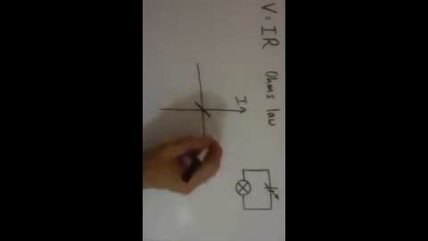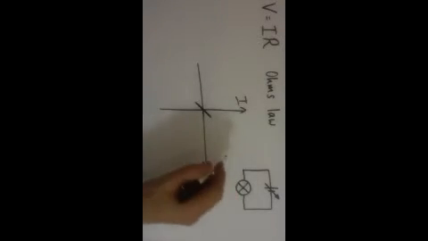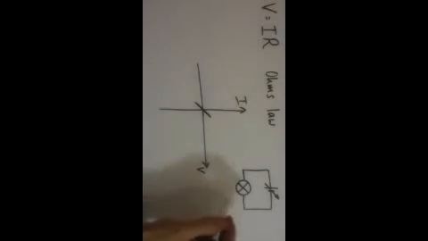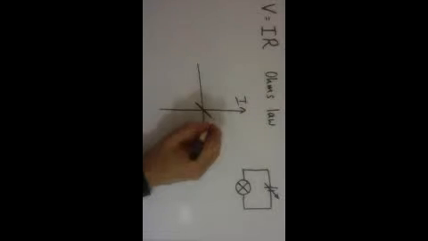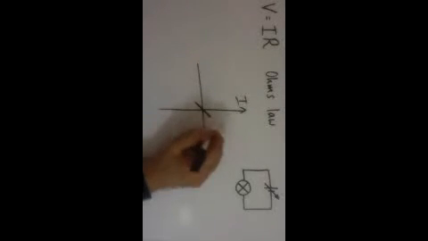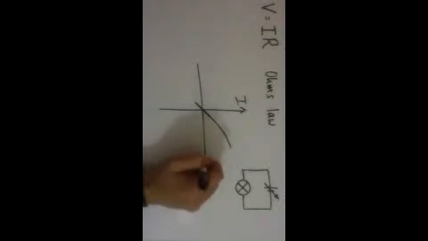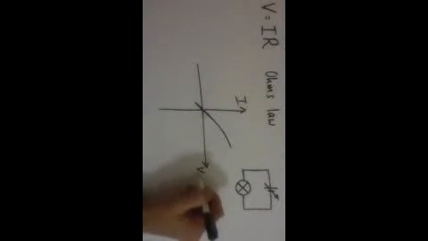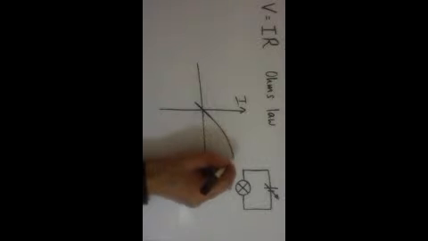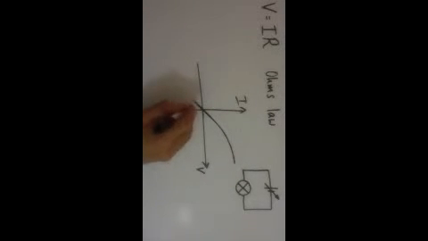But as it gets hotter, as current starts running around it, the electrons start colliding with the nuclei of the atoms and with each other, and they start to create heat, and that excites the whole system and gets all those nuclei jiggling around, and because of that it's harder for the current to flow through. And so with increasing potential difference, we don't get a uniform increase in current, so it tapers off like that.